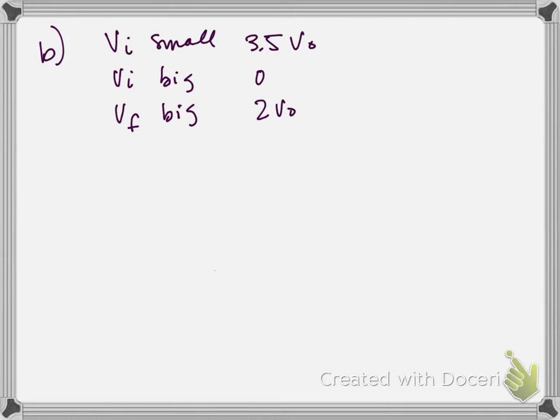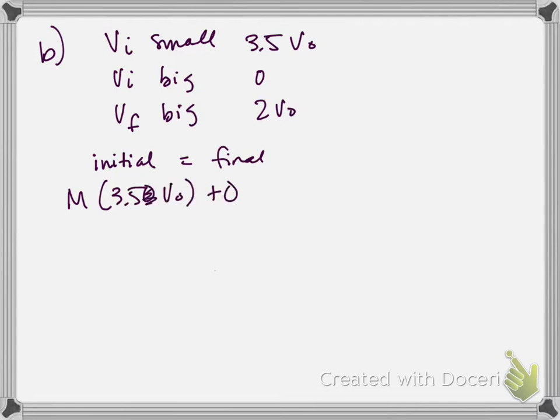So we've got the momentum, initial equals final. The initial for the small block is m times 3.5 v0, plus 0, because there's nothing for the big block.